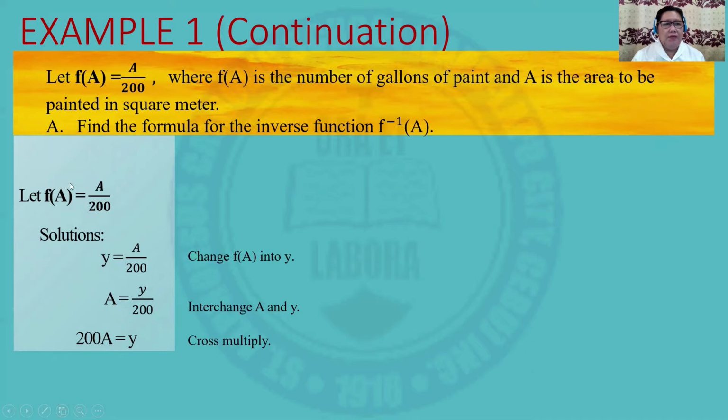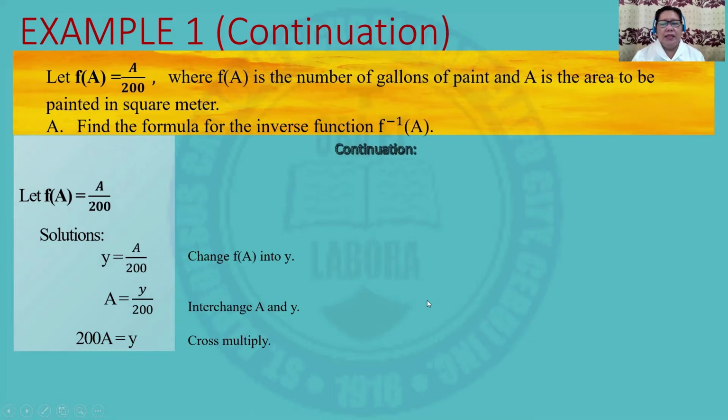Then interchange a and y. So from y, it becomes a, and from a, it becomes y. And then you cross multiply. 200 times a is 200a. And the denominator of a is 1, so 1 times y is y.